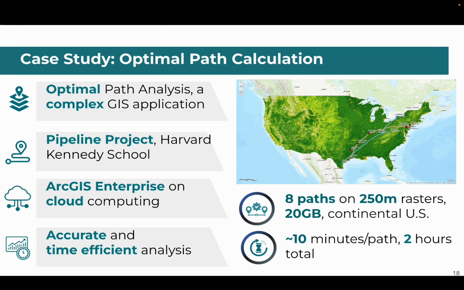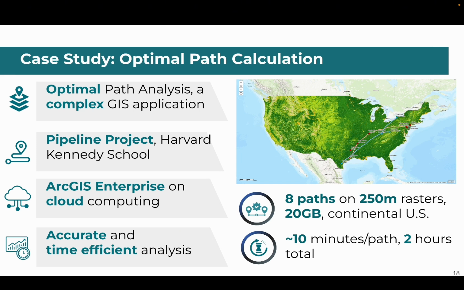One of the key features of the system is its capacity to handle large datasets. It's capable of calculating optimal routes on 20 gigabytes of raster data in under 2 hours.